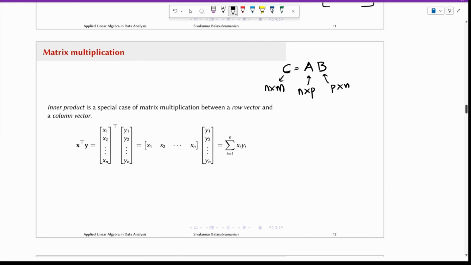So when you do a standard inner product, you're dealing with two vectors that are from R^n, and the standard inner product is written like this. That means you're multiplying a row vector with a column vector, or you're multiplying a matrix whose dimension is 1 cross n with a matrix whose dimension is n cross 1.